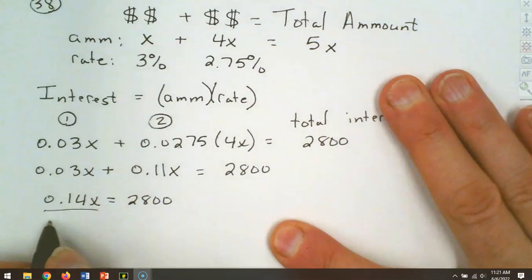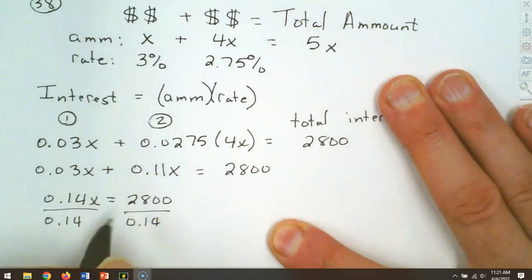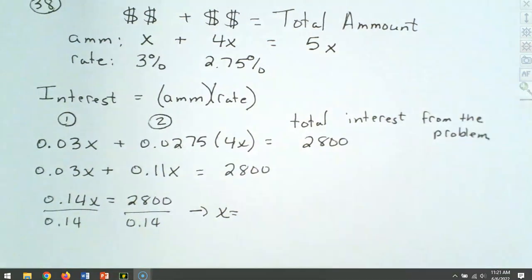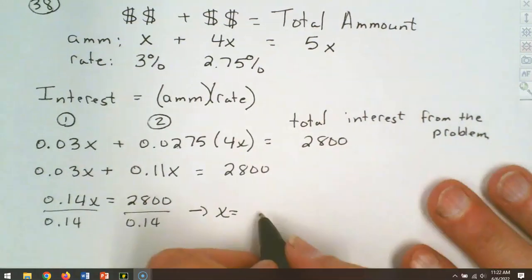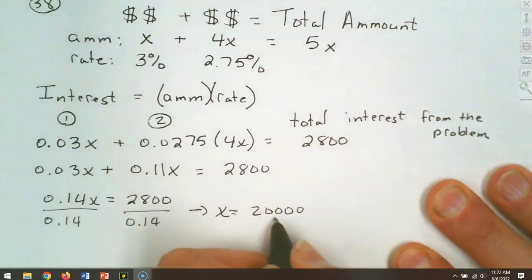We're going to divide by 0.14, and that leaves me with x equaling 2,800 divided by 0.14. That gives me $20,000.